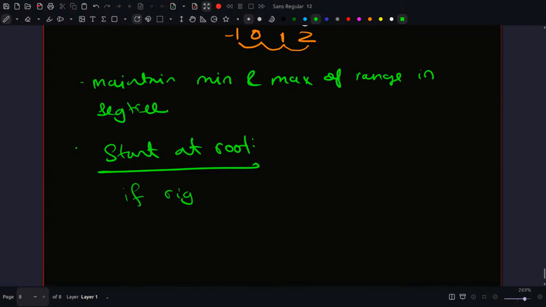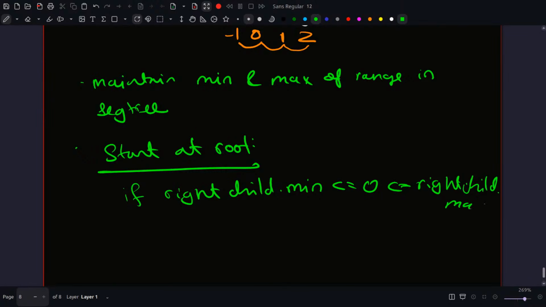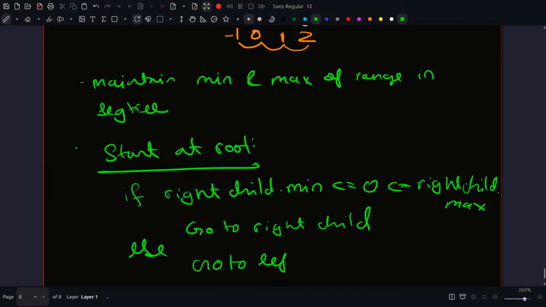So if right child dot min is less than or equal to 0, which is less than or equal to right child dot max, then we can go to the right child. Else we can go to the left child. So this is like a custom segment tree. We'll have to implement this kind of thing ourselves to find the rightmost 0.